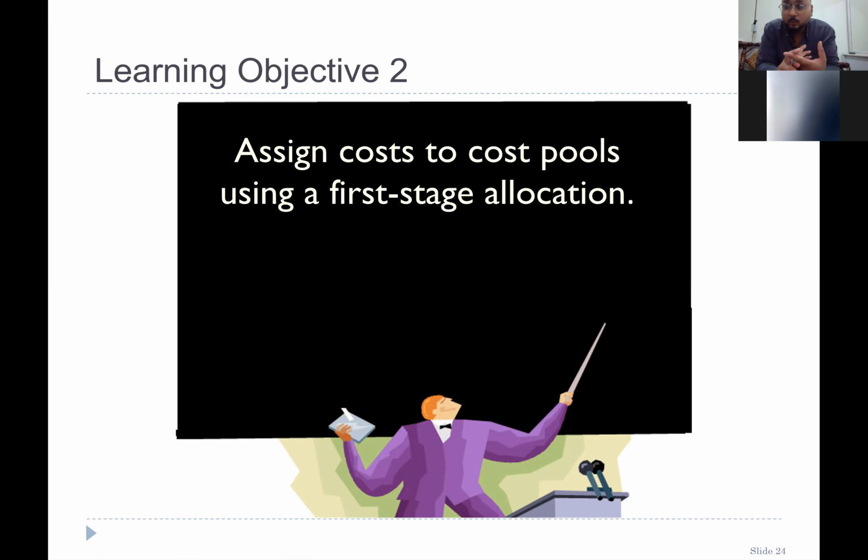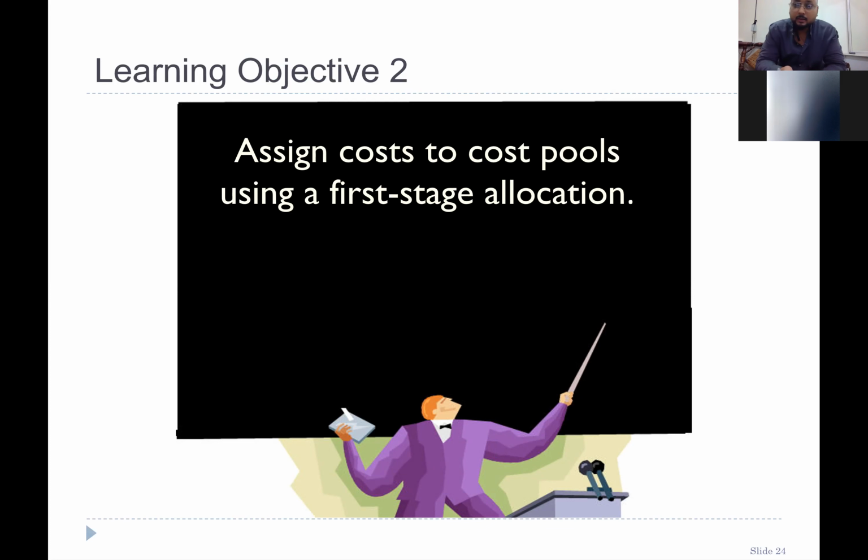Up till now, we have studied relevant costing, job order costing, and then variable costing, right? Traditional costing. But this costing is unique in a way that it not only includes some of the direct part, but some of the indirect part as well.